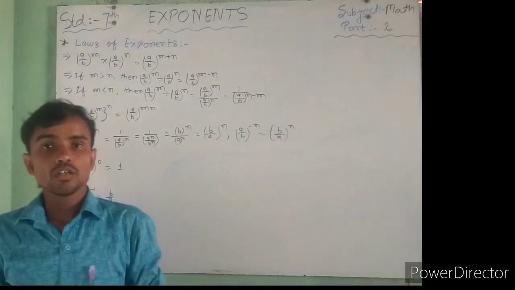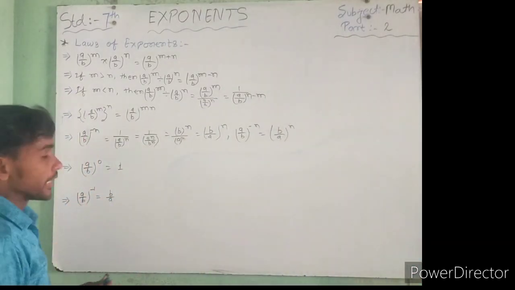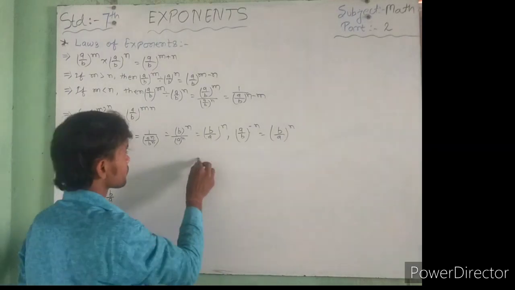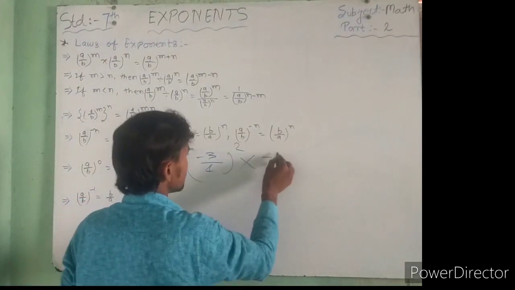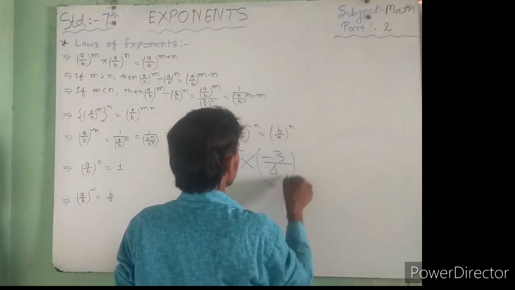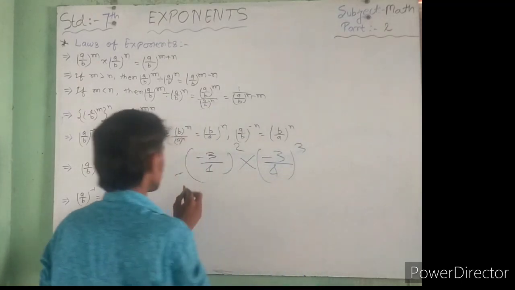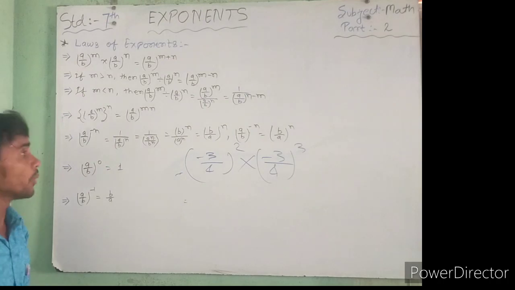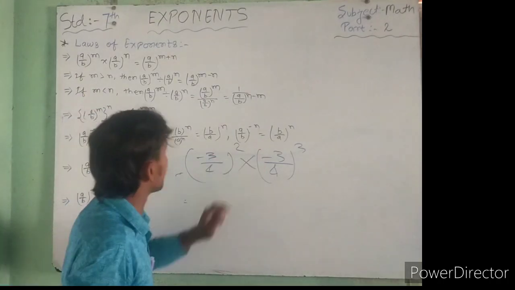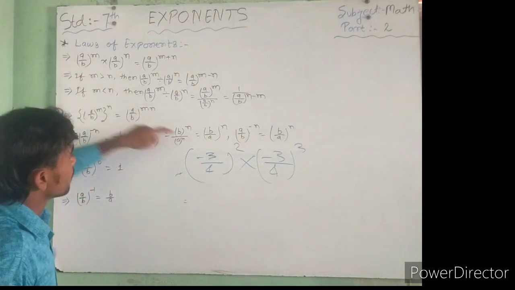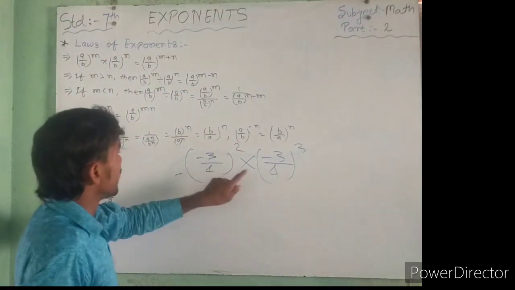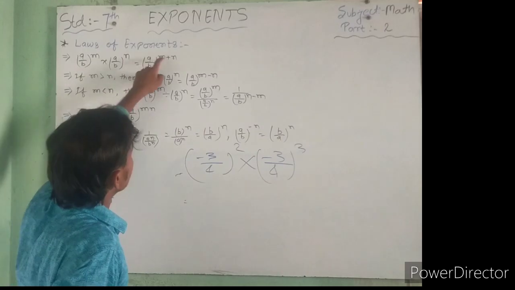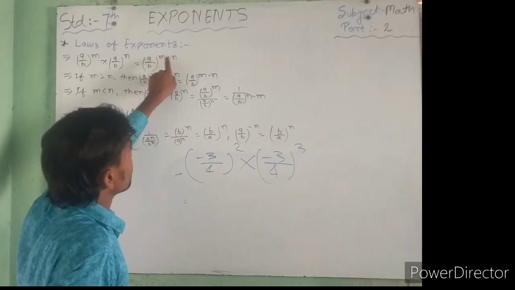I also write some example questions, just like here minus 3 by 4 upon power 2, and minus 3 by 4 upon power 3. So how to solve it? Firstly you see which format it is. Here a by b power m, a by b power n, both bases are the same. Next, a by b power m plus n.